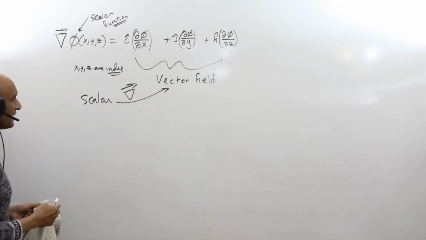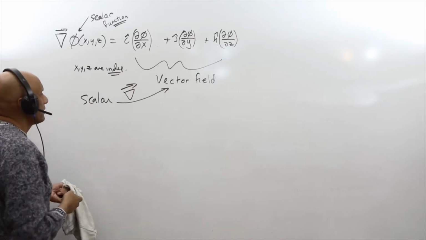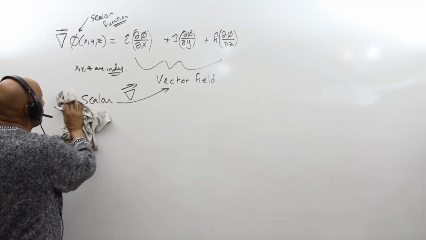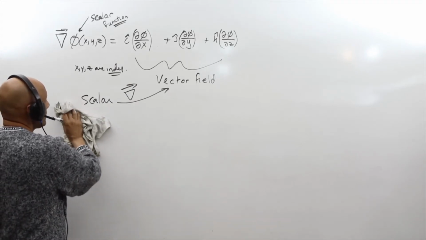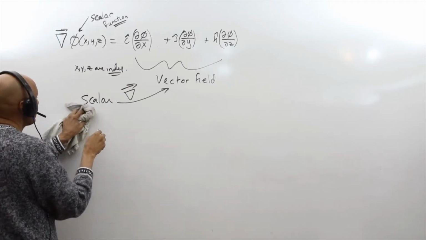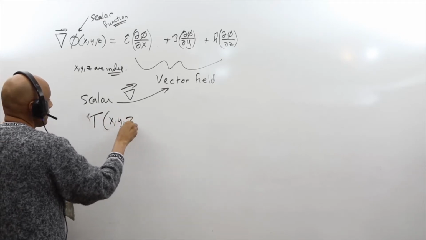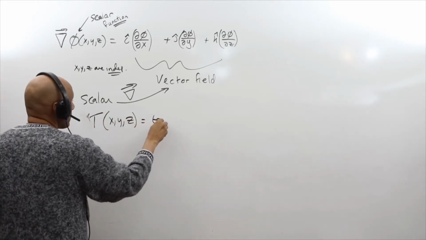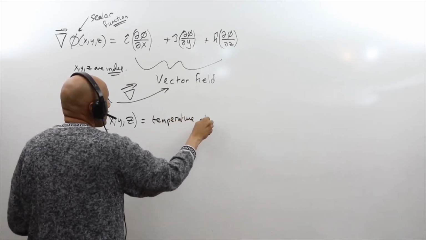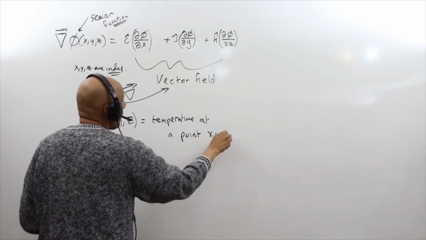So what exactly is it doing? That's the concept that I'd like to explain today. To explain exactly what the scalar function is, I'm going to do a special case, an example of temperature. Assume that we're told the temperature at a point x, y, and z.